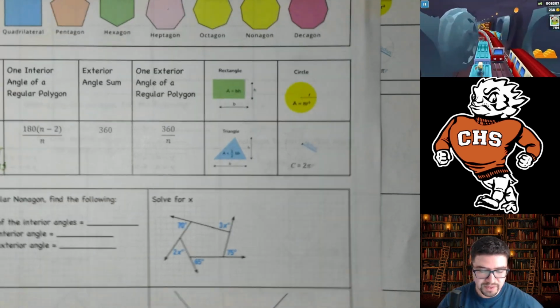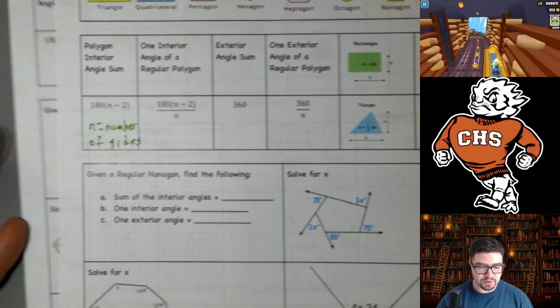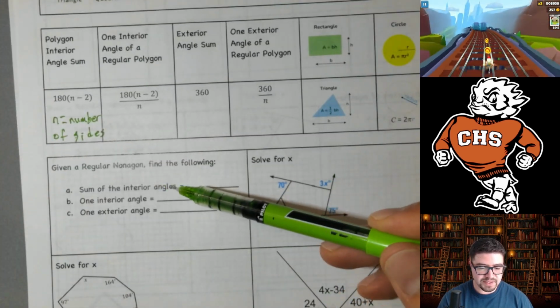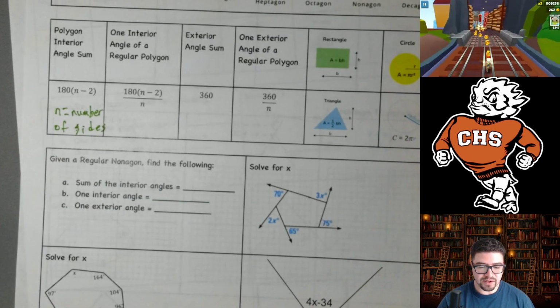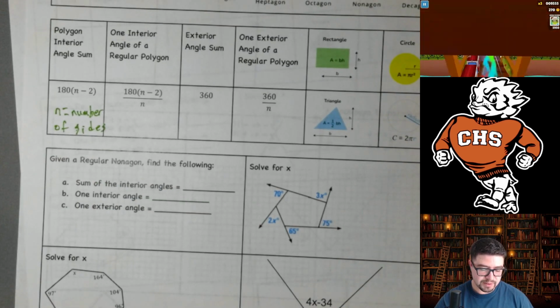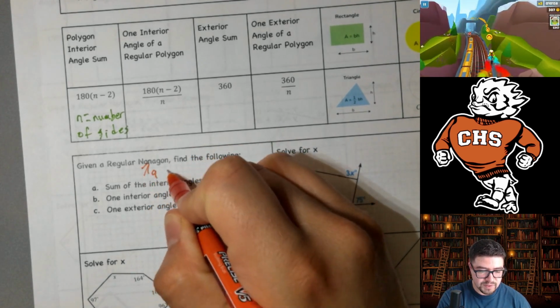So with that in mind, let's get started on some polygons. First, we're going to find the sum of interior angles of a regular nonagon. So a nonagon, we have to remember that a nonagon contains 9 sides.